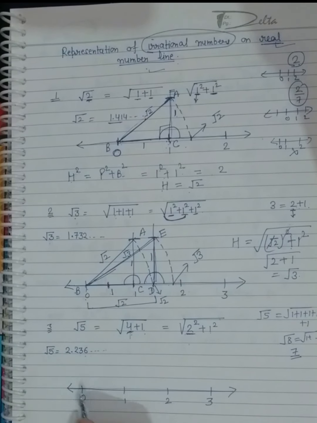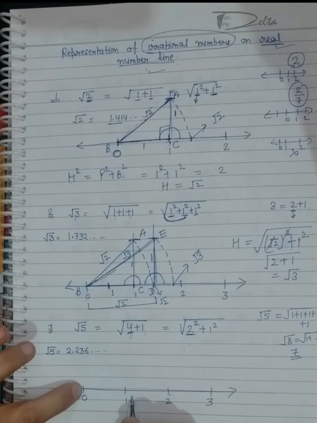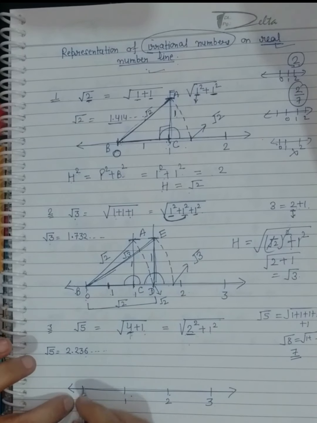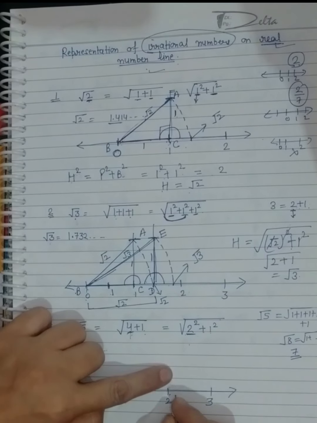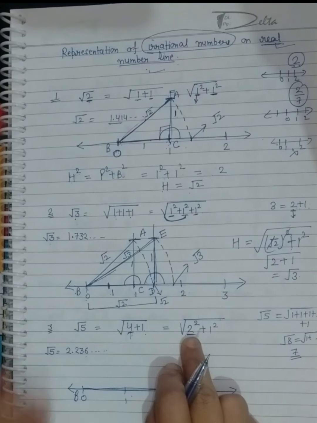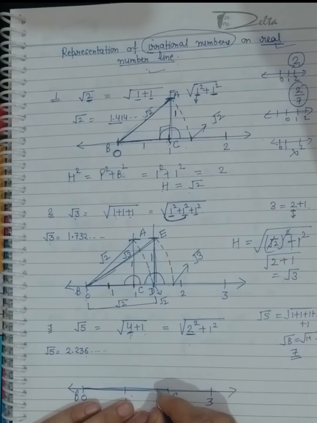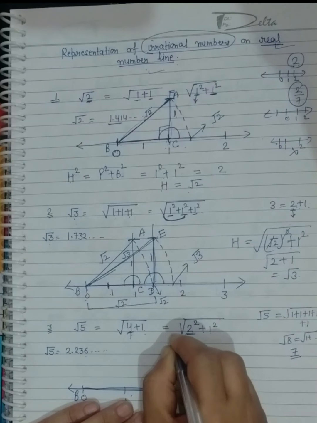It means from 0 to 2, not 1. Here I am taking the same as B, and this is C. I am taking 2 steps here, not 1, 2 steps I am taking. Then again the same procedure. With the help of the compass, we will make a right angle.